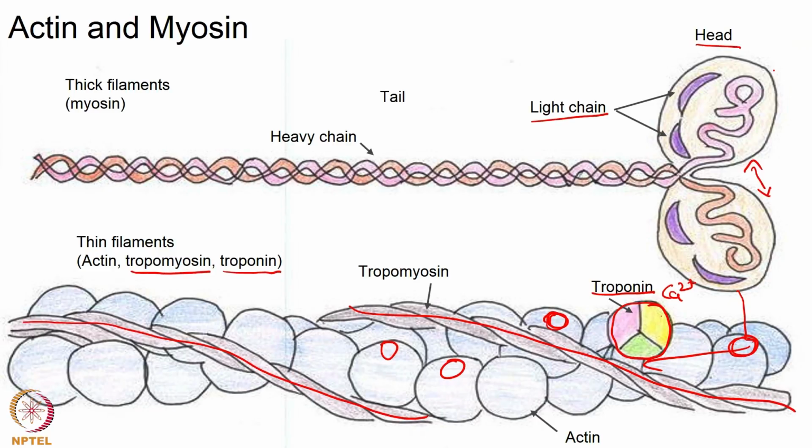But let us go back to the situation of the thin and thick filament interacting. We said that the thin filament is composed of actin, tropomyosin and troponin. Actin has the binding sites, tropomyosin covers the binding sites, and troponin, when it interacts with calcium, exposes the binding sites, and the myosin heads can interact with the binding sites whenever ATP is present.